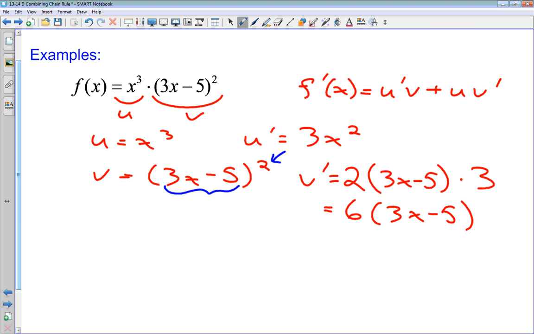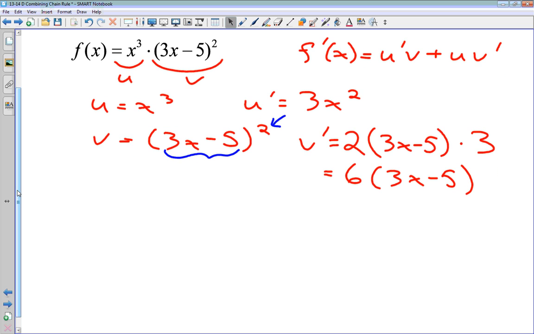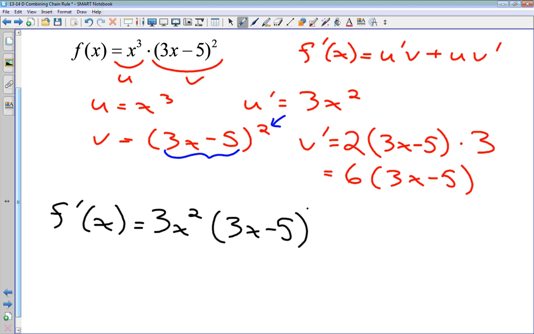Okay. So now we want to take these individual derivatives and put them into our product rule. So let's put this together. F primed at x is going to be, let's see, u primed, which is 3x squared, times v, which is still 3x minus 5 squared, plus, what's next?